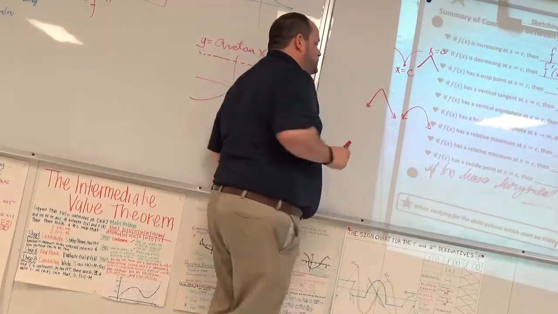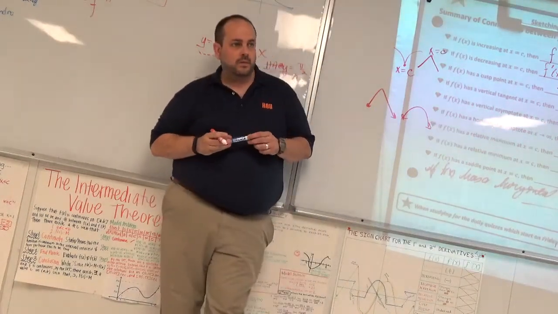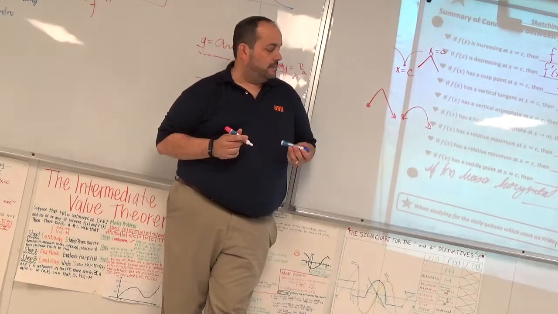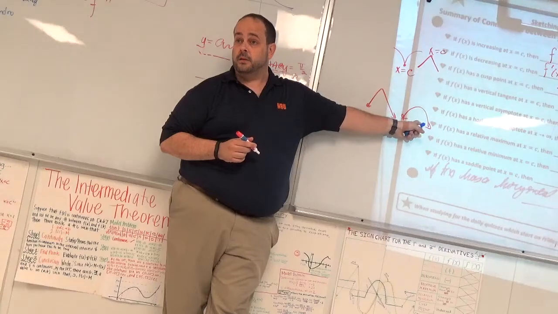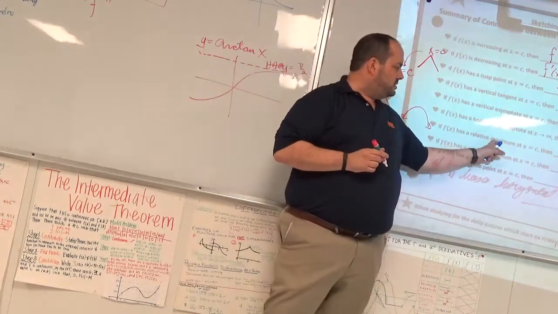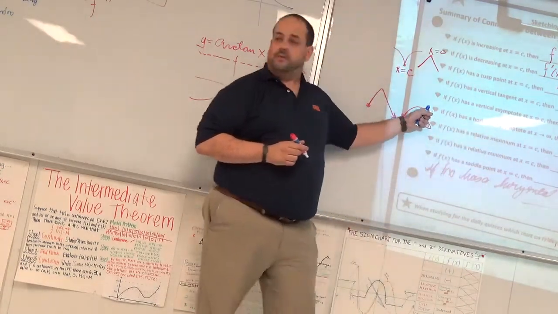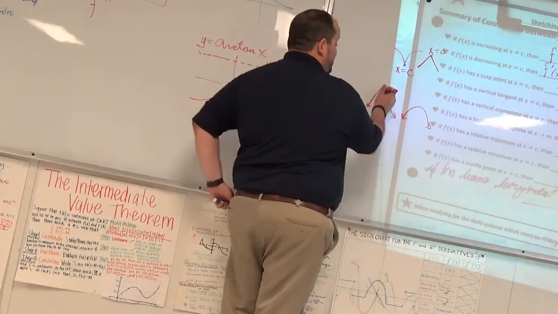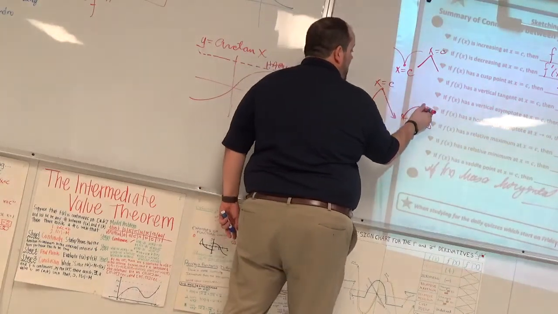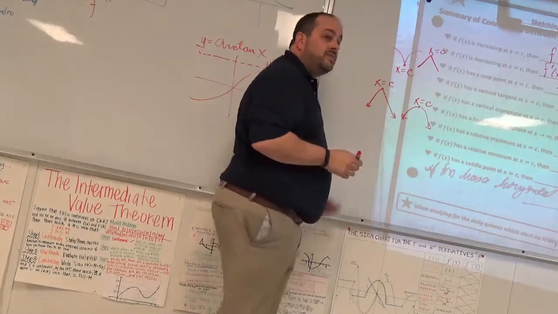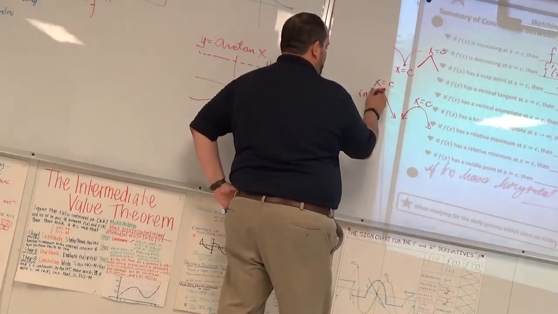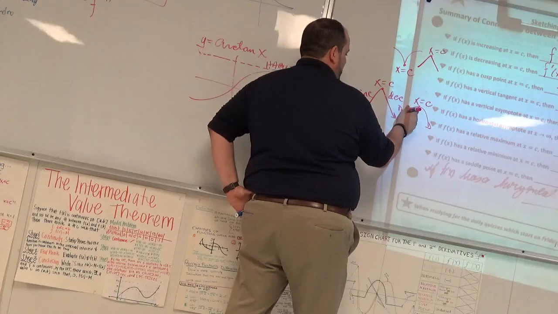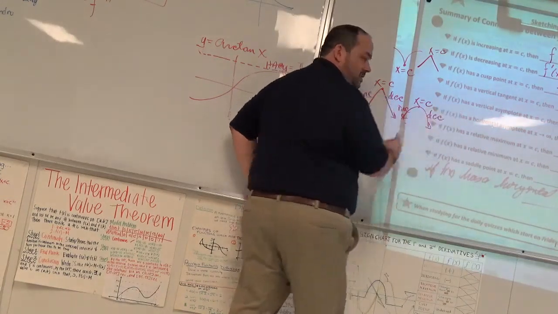Okay, one of these is differentiable. Which one? The one on the right. The one on the right is differentiable. The mistake a lot of students make is saying relative max means the derivative is equal to 0. No, because both of these are relative maxes, since in both cases the function changes from increasing to decreasing.